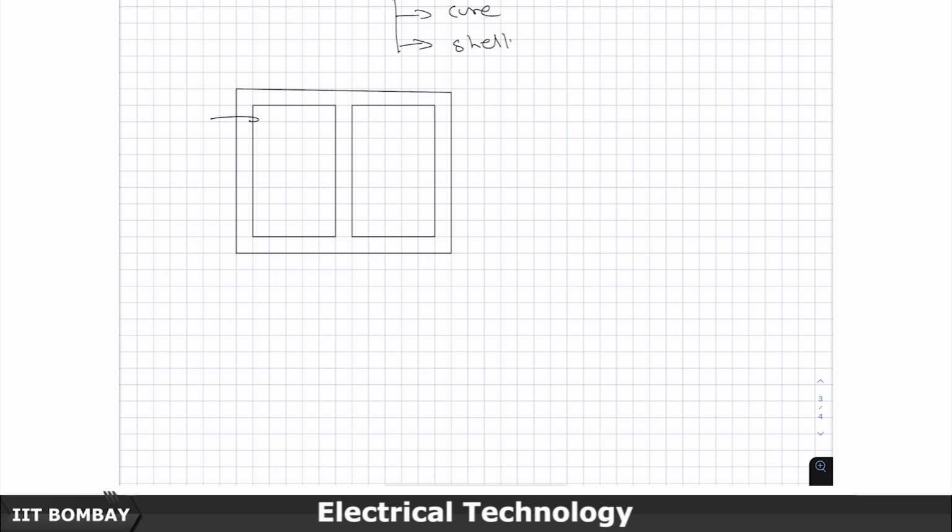So let us say this is the A phase primary, this is the A phase secondary, this is the B phase primary and this is the B phase secondary, and I have a third, C phase winding, which is also installed like this.